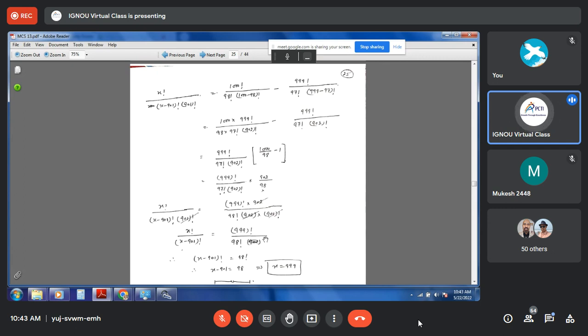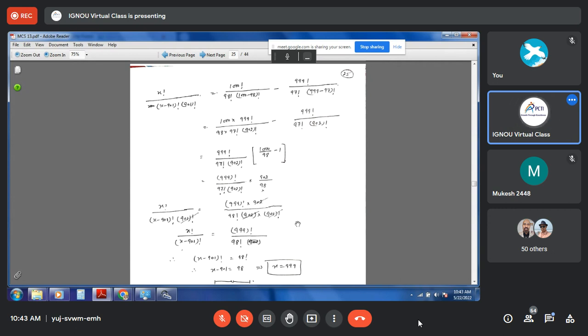In factorials, the theorem says if the two factorials are equal, then their numerator is equal to the numerator and denominator is equal to the denominator, like this. X minus 901 factorial is equal to 98 factorial. You can also write this: x factorial is equal to 999 factorial.